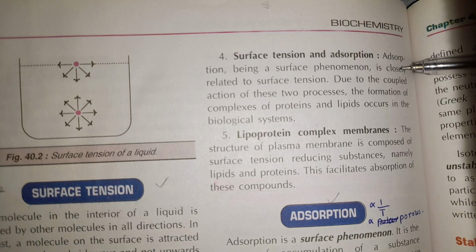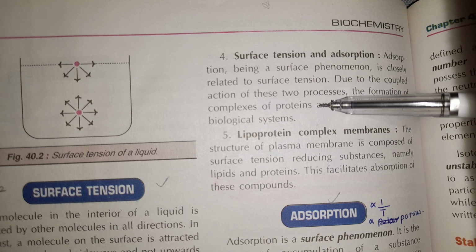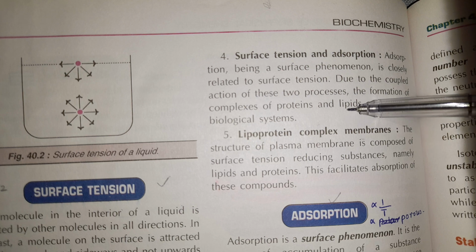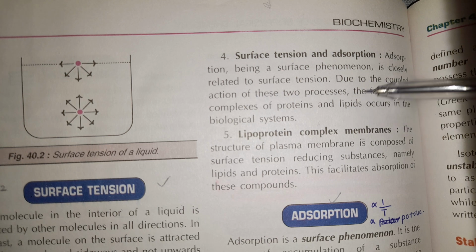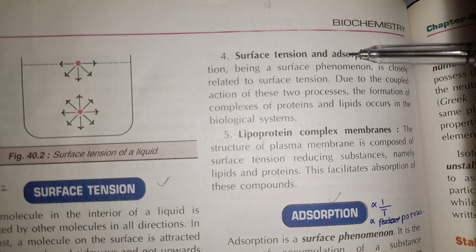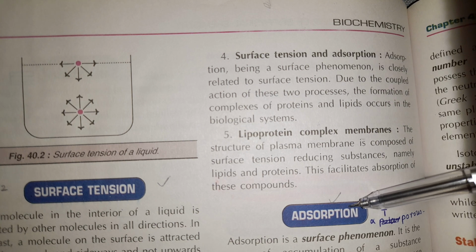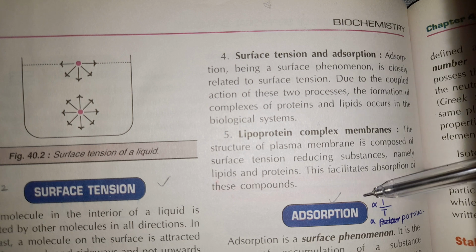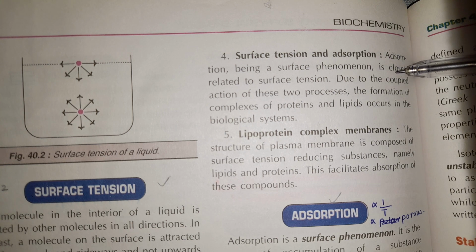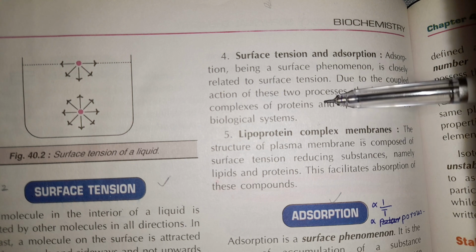So we know that our lipids and proteins exist in different shapes, like cyclic proteins and cyclic lipids. Surface tension and adsorption phenomena, adsorption we are going to study a little bit later, help in maintaining their shape and structures.